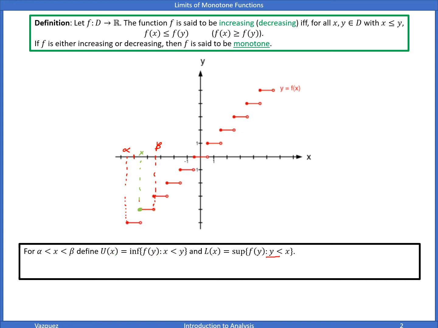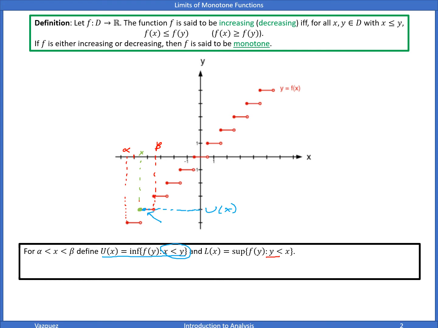Now in this case, I'm going to label U of x as blue. So to the right of x, what is the infimum of those values? Well, because it's constant, it's just here or here, any of those points. This is the infimum, so this is U of x.